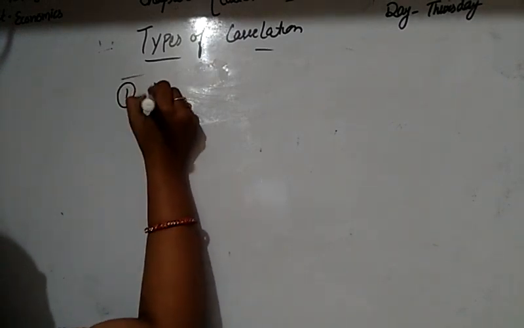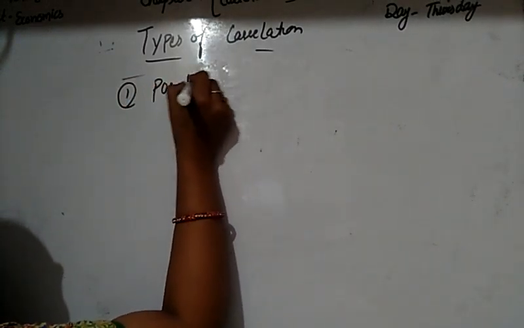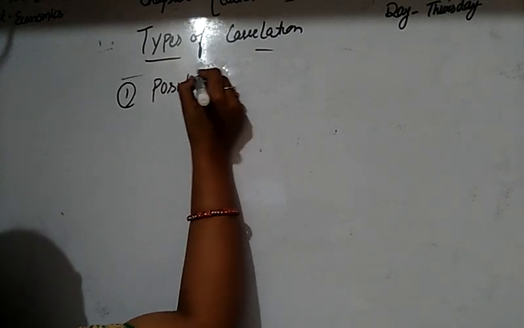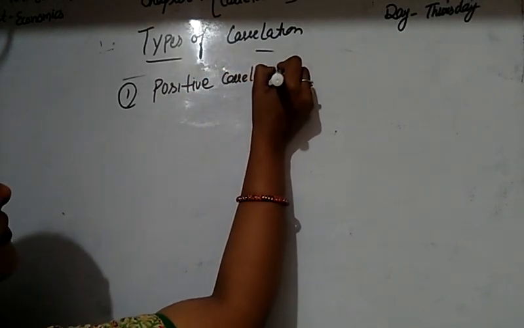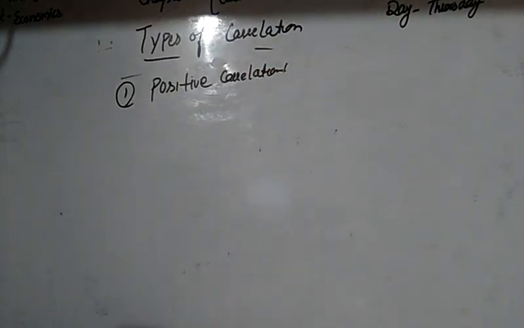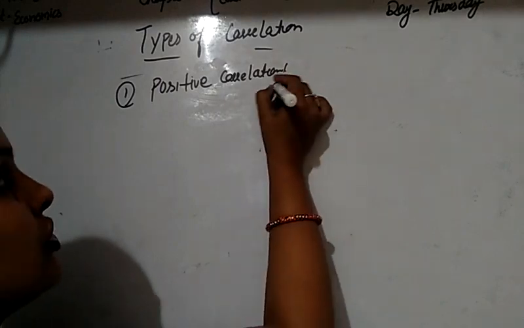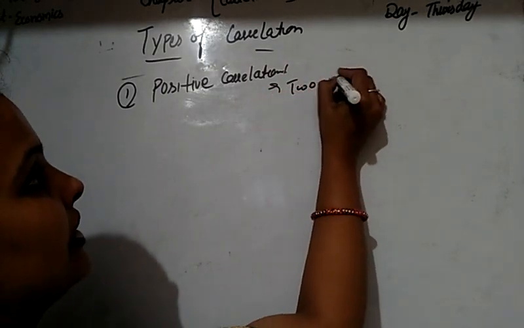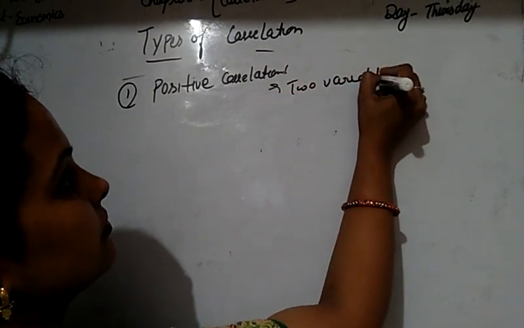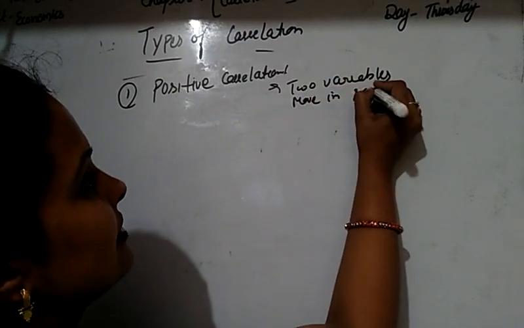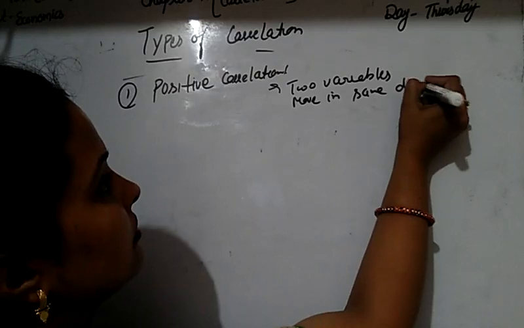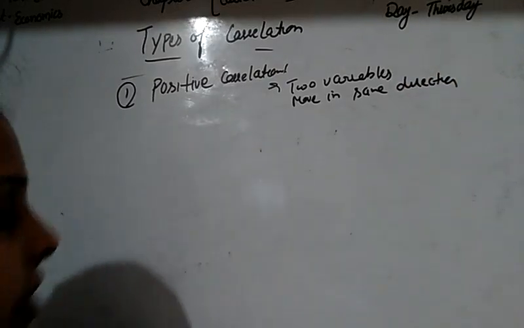So types of correlation, first is positive correlation. So positive correlation means when two variables move in the same direction.